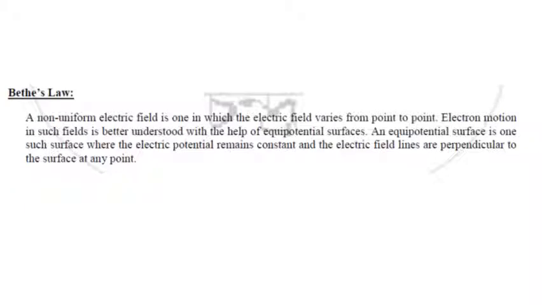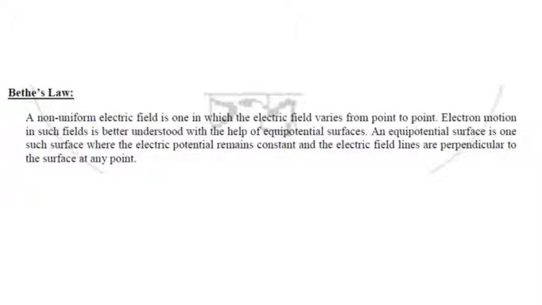The electron gun basically works by this law. This is the fundamental law, the principle of deflection of electrons or any charged particle. Whenever a non-uniform electric field is used, where non-uniform means the electric field varies from point to point, the electron motion in such a field can be explained on the basis of Bethe's law.